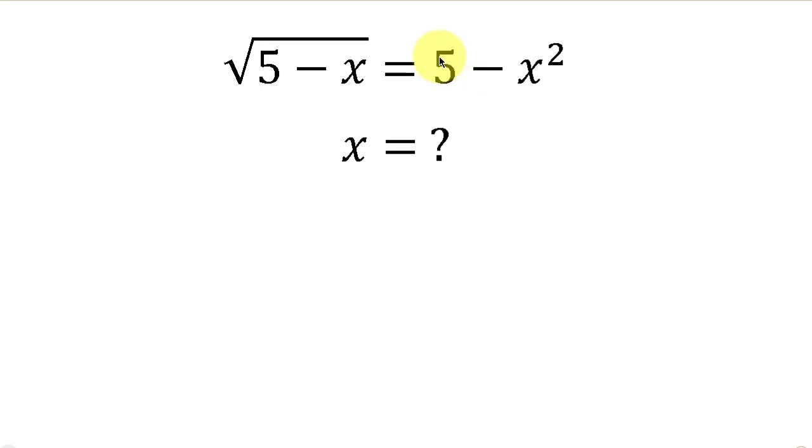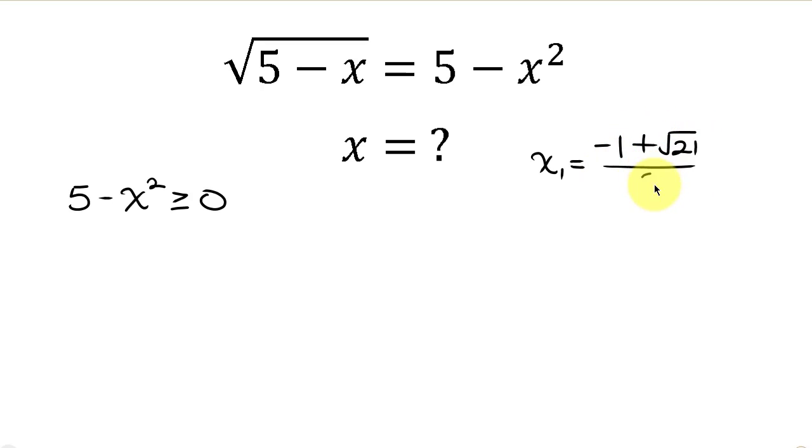So what am I saying? I'm saying that 5 minus x squared must be positive. Very good. And what are our solutions for x? We have the first value of x to be negative 1 plus the square root of 21 all over 2.